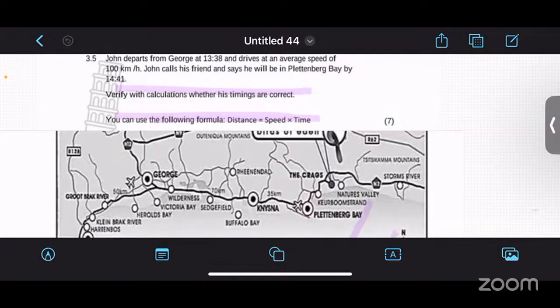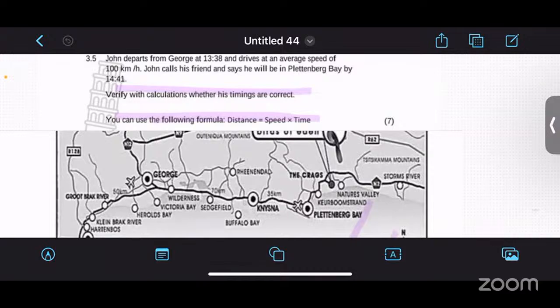Then for the arrival time I added 1 hour 3 minutes to 1 hour 38 minutes past, which gives me 9 minutes to 3, I think. Meaning that he's correct. So his calculations according to what I calculated are accurate.